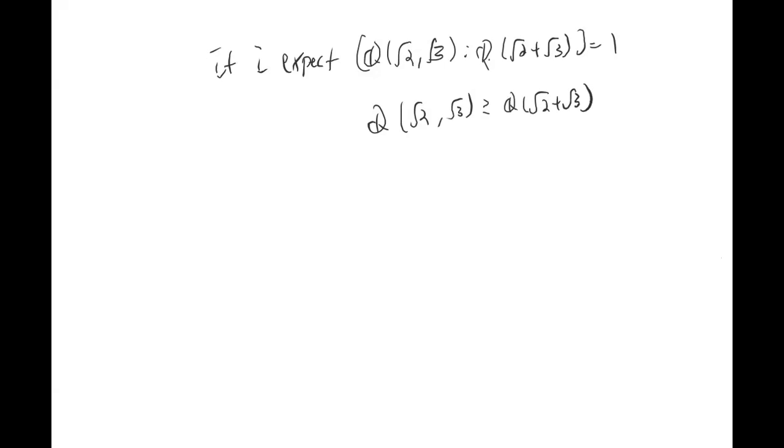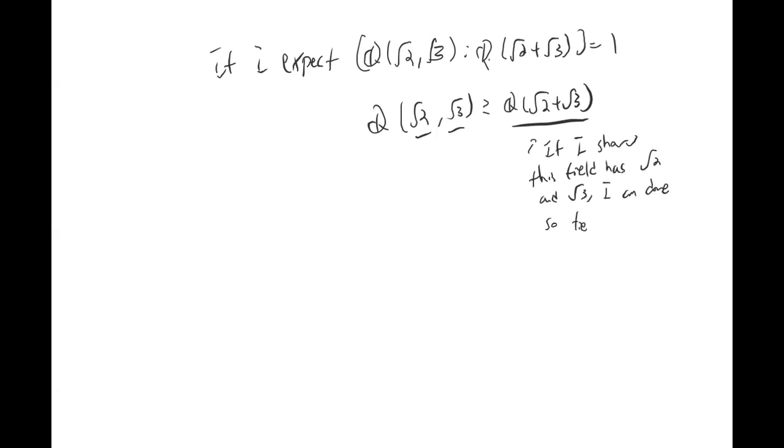But this is the smallest field that contains root 2 and root 3. So if I show this field has root 2 and root 3, I am done, because that means I have the other direction. So the fields are equal. Everyone agree?